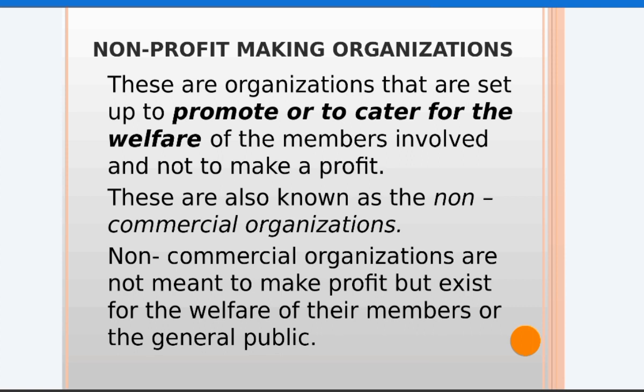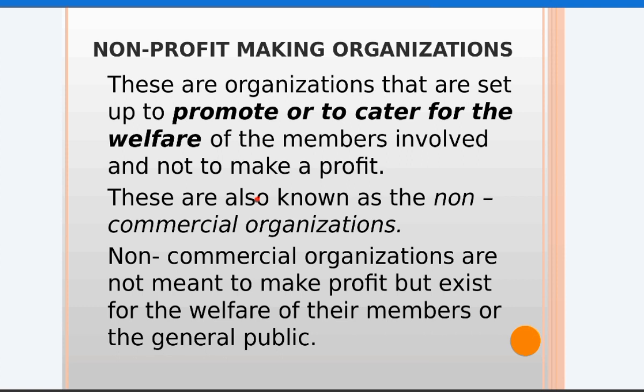Therefore, they are established to serve the welfare of the members. So their main objective then is not to make profit, but rather serve the welfare of the persons who form them.